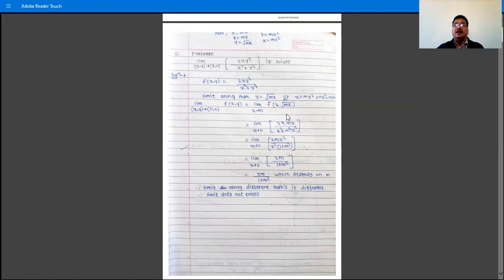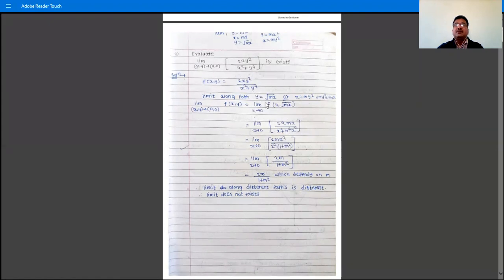Substitute y as root mx here. Then y square is mx, and y raised to 4 is (root mx) square, whole squared, that is m square x square.